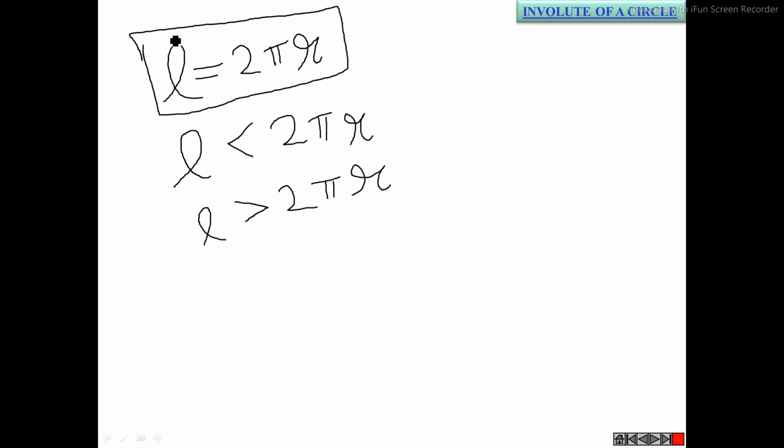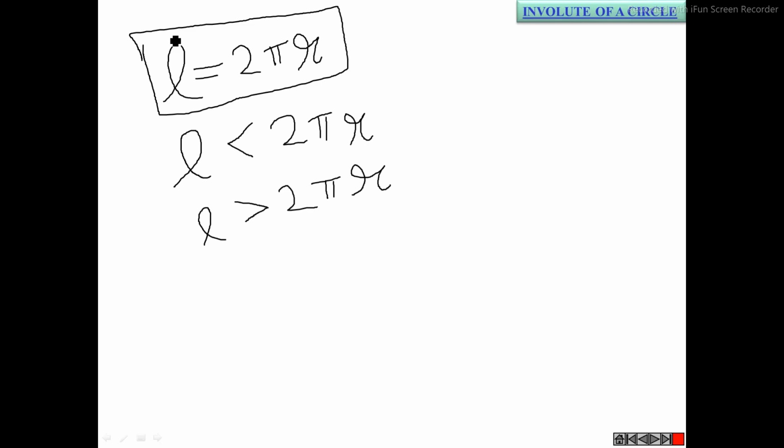Draw a curve in such a way that there is a thread, that thread you are wrapping it completely on a circle, and when you try to unwrap that thread from a circle, when you join all the locus points, you will get one curve. Name the curve and draw that curve. Then from that definition, you have to understand that they are asking from you to draw involute.